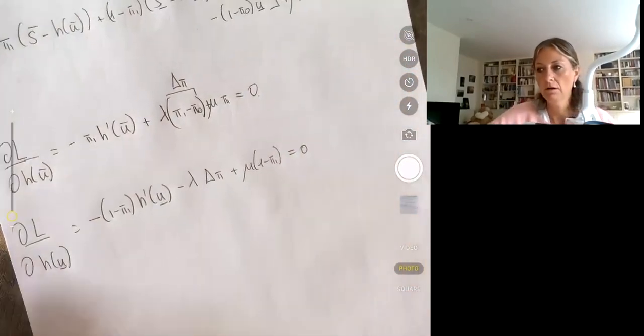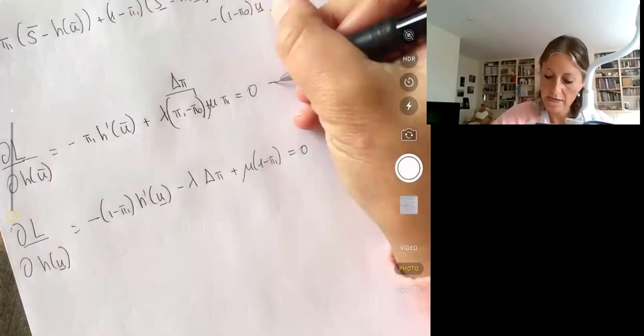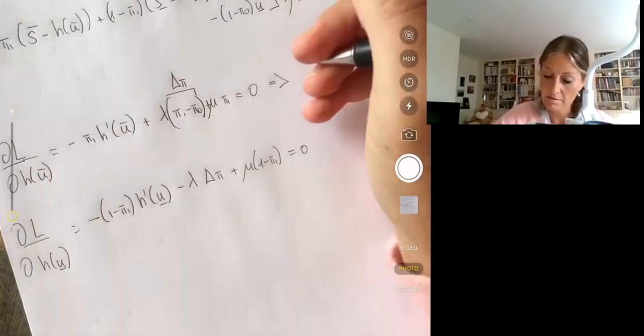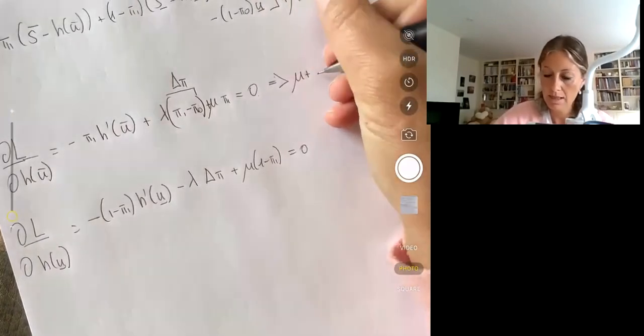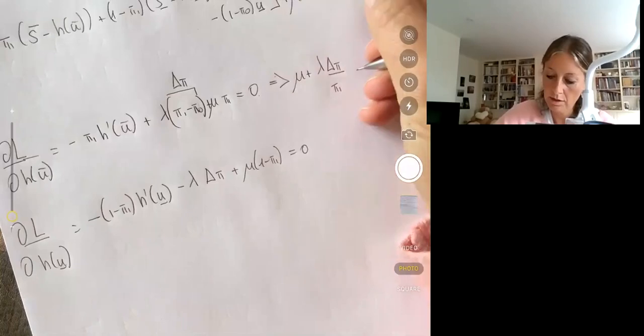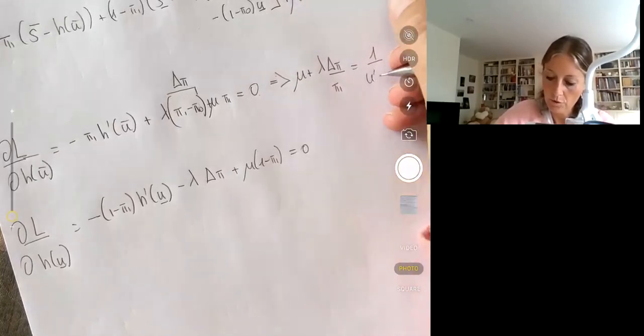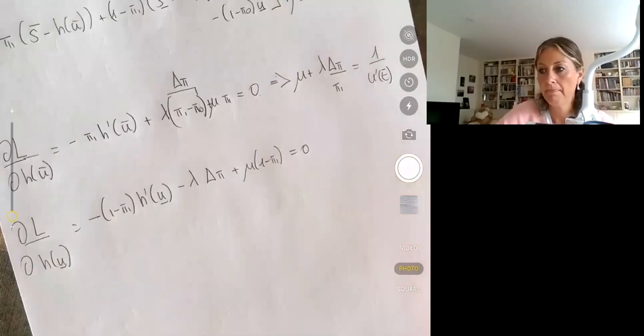So from the expression above, we can rewrite it as mu plus lambda delta pi divided by pi 1 equal to 1 over u prime of t upper bar, that we discussed before.